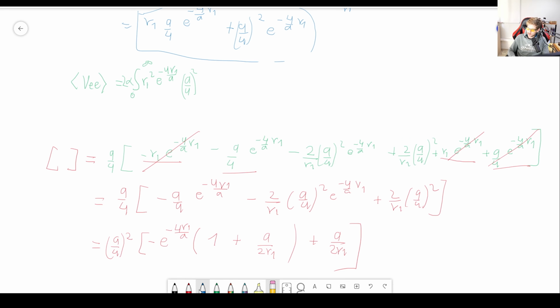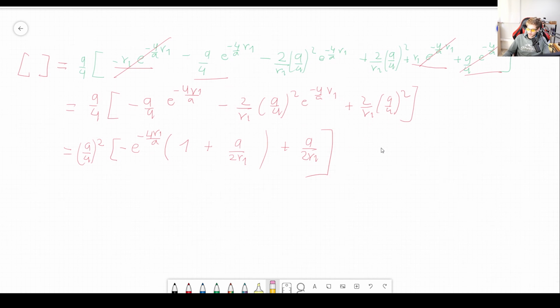So let's factor it out just to make sure that it's even. So I'm going to write it down here just to make sure that you know what I mean. So we can simplify this even further if we write it as a over 4 squared and then factor out a over 2R1. Because in that case, this thing will be 1 minus the exponential.